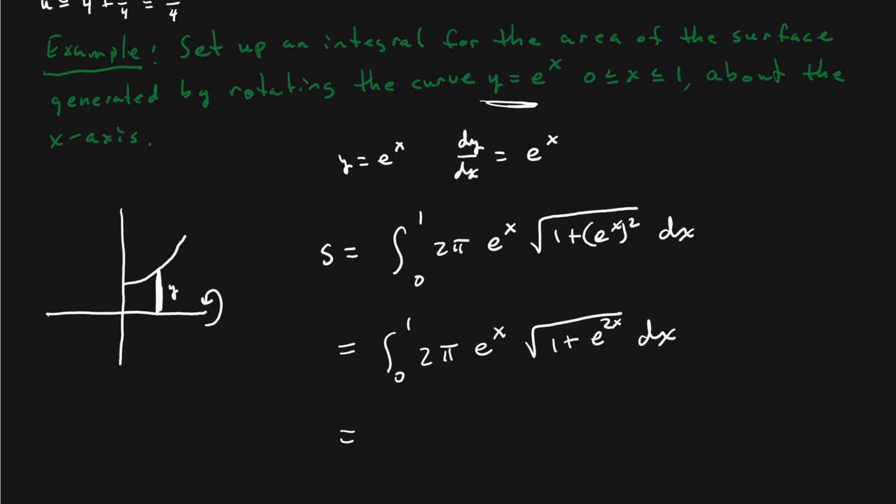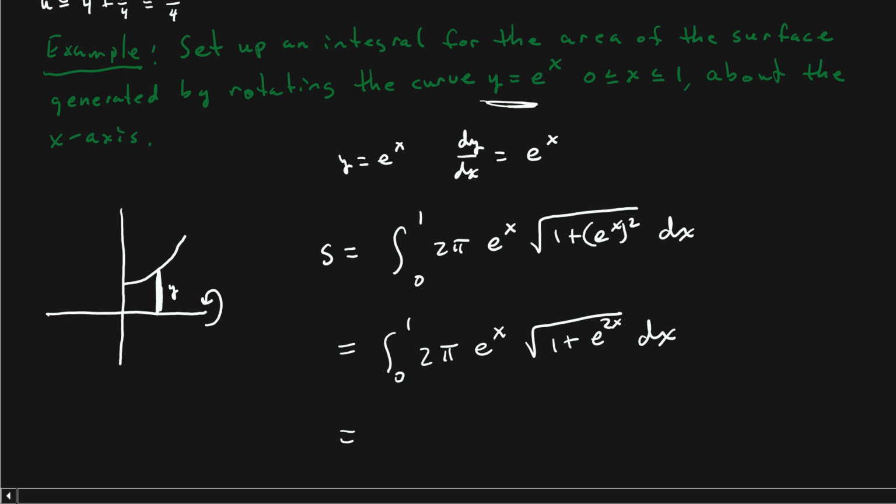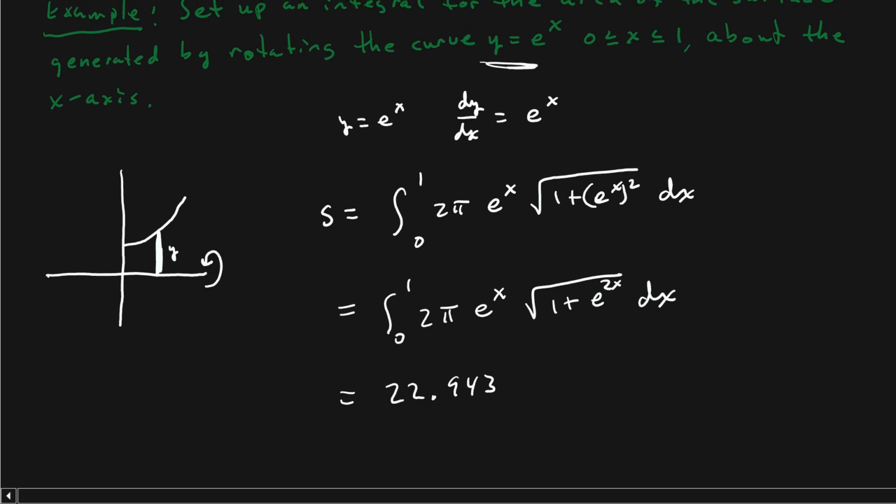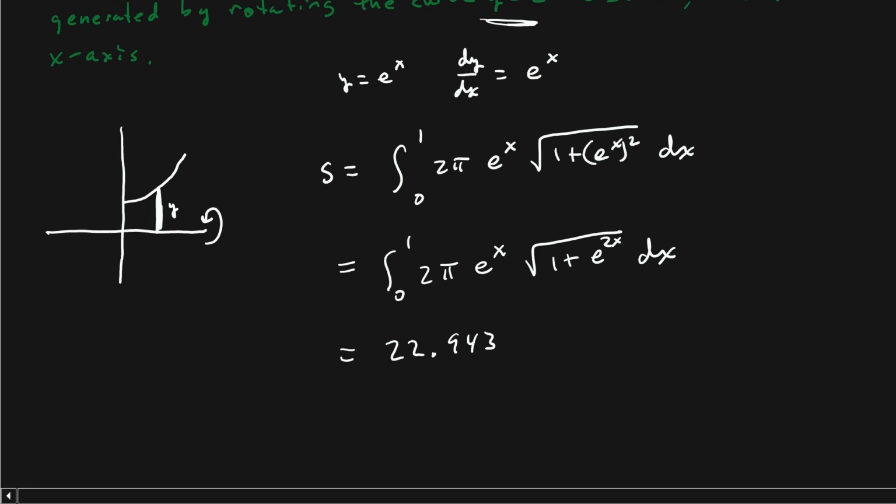So you could use Simpson's rule, trapezoidal rule, something like that. But actually they give the answer from a calculator. It's 22.943.